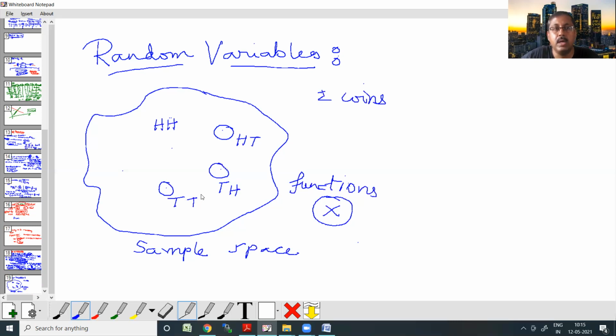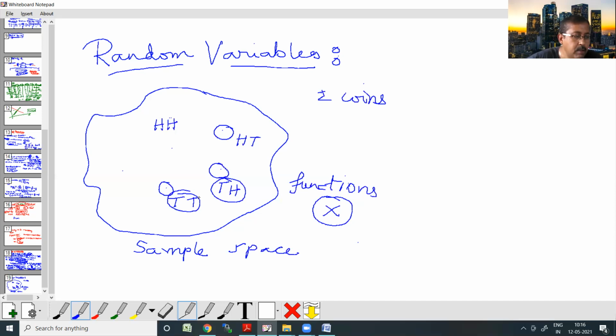If we have three coins, there will be more such sample points like HHH, HHT, HTH, and so on and so forth. Now, all these are not numbers. TT or TH are not numbers. So how can I convert this to a number?